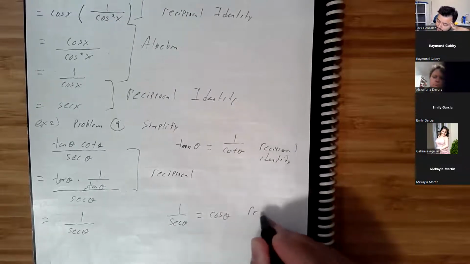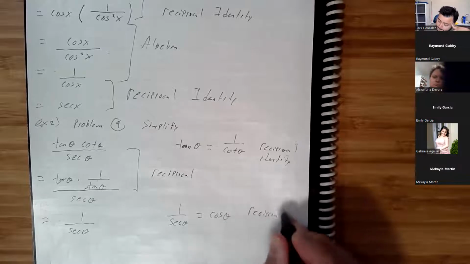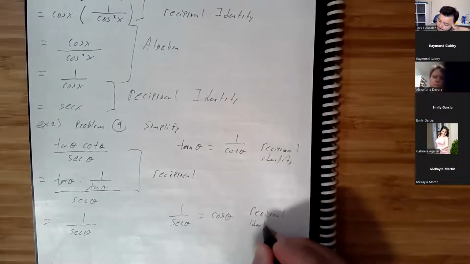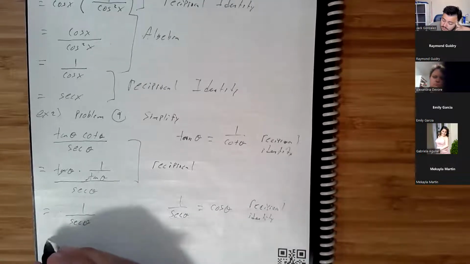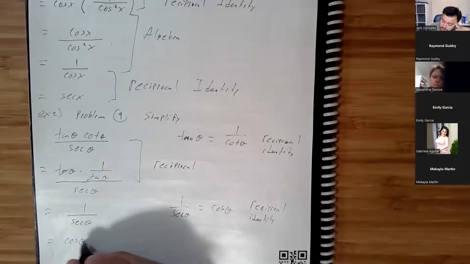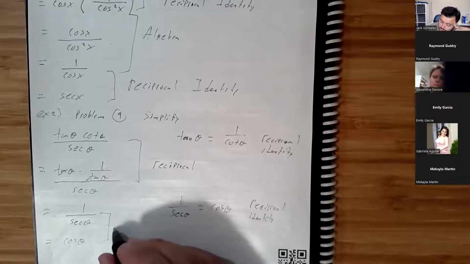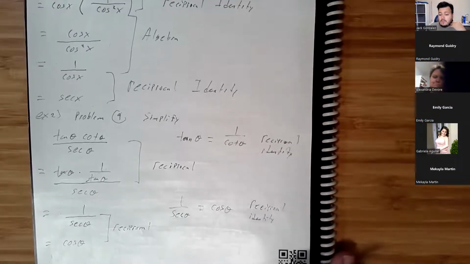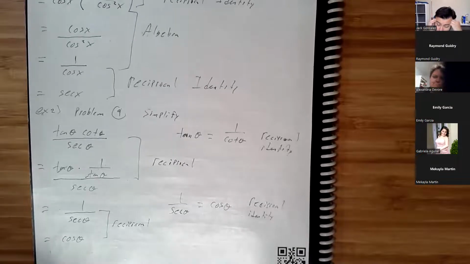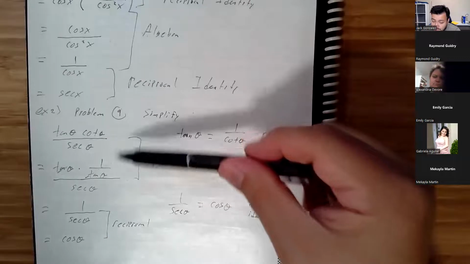That's another reciprocal identity, from the first page. So that becomes cosine. So that's as simple as it gets when you simplify, right? You can get all the way down. There's nothing else to do. Are there any questions on what they're asking and what we did?